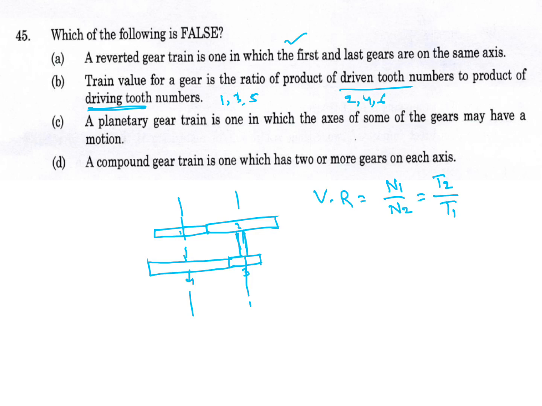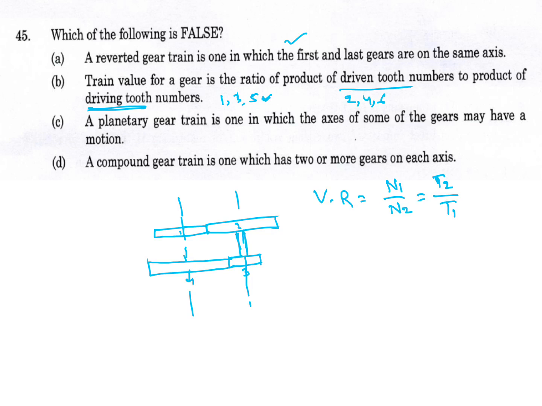Number of teeth on the driven divided by number of teeth on the driver. T2 represents the number of teeth on the driven gear and T1 represents the number of teeth on the driver gear. So the driver always represents odd numbers and the driven represents even numbers.